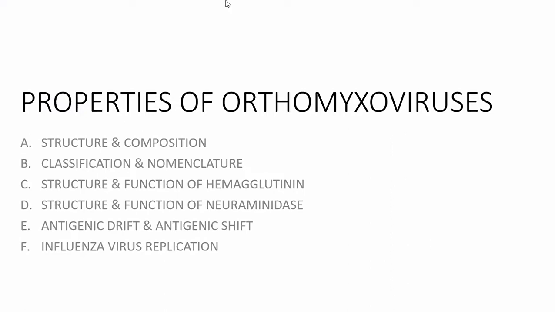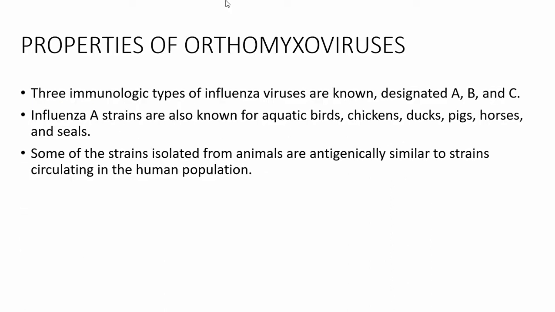For the properties of orthomyxovirus, as mentioned, there are three immunologic types. Influenza A strains are also known in aquatic birds, chickens, ducks, pigs, horses, and seals. Some of the strains isolated from animals are antigenically similar to strains that are circulating in the human population.